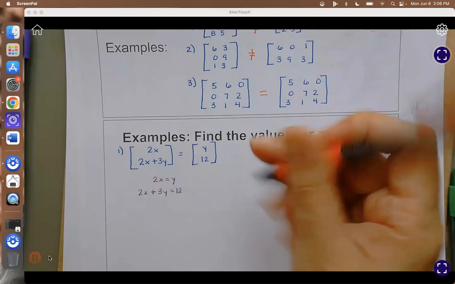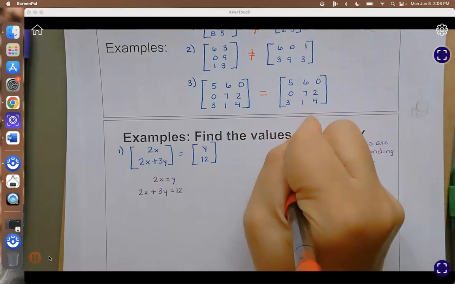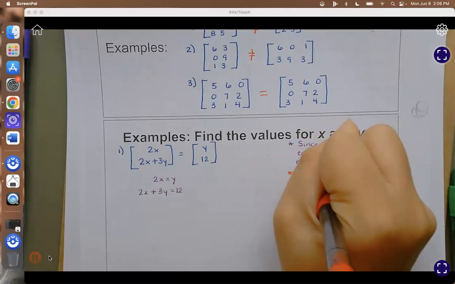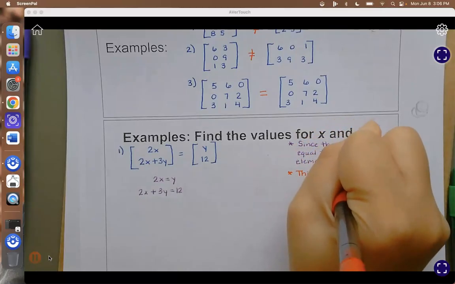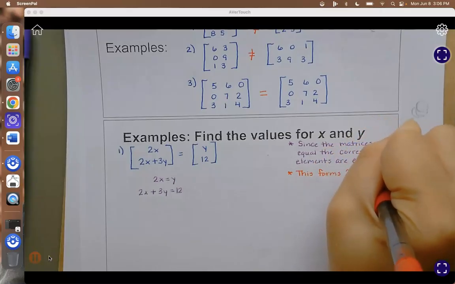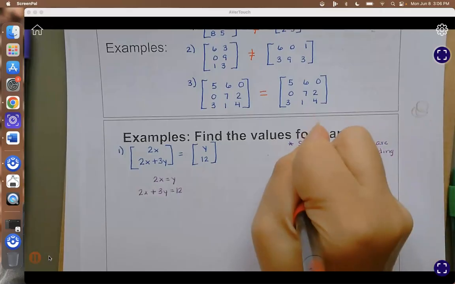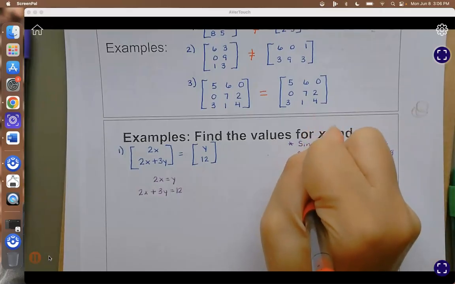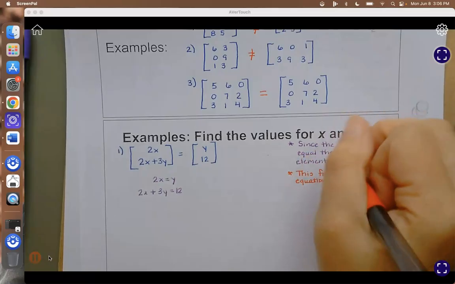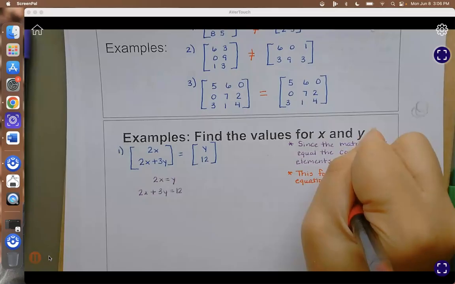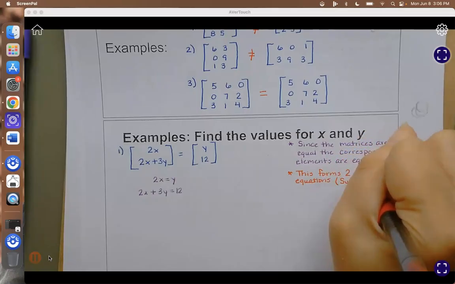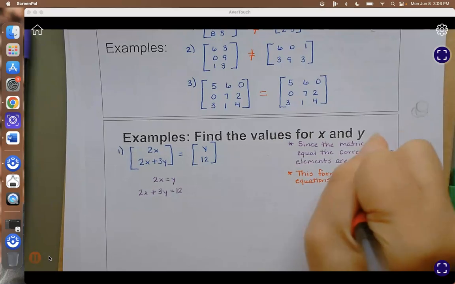Now, over here to the side, I'm going to put a note that says this forms two linear equations. Okay? And if you think back to Math 1, it's what we call a system of equations.